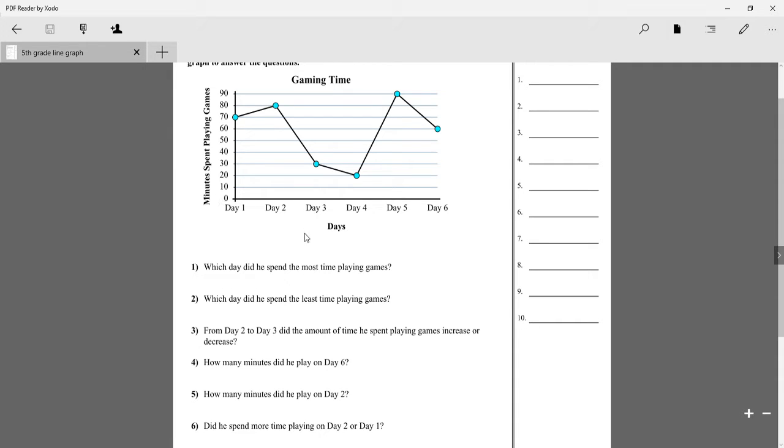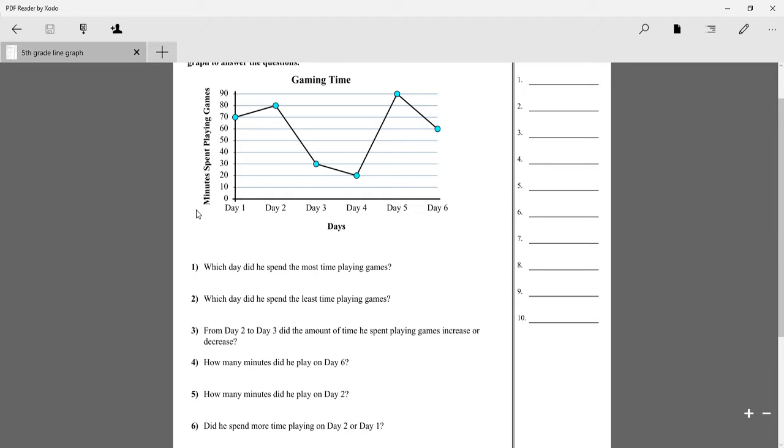Okay, and this type of data is change over time, and line graphs are really good with change over time type of data. This is something a lot of kids can relate to: minutes spent playing video games per day.